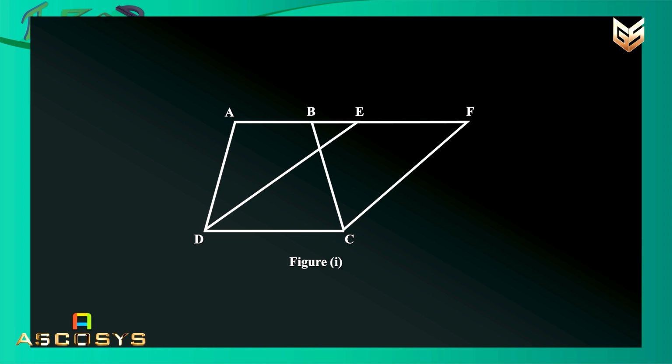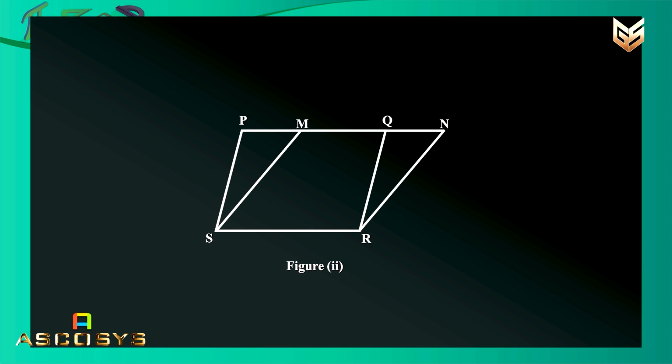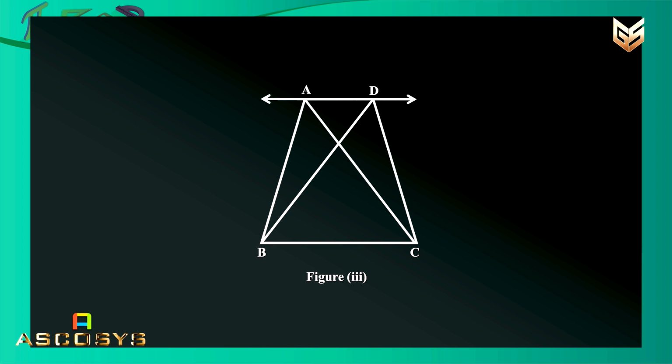We say that trapezium ABCD and parallelogram EFCD are on the same base DC and between the same parallels AF and DC. Similarly, parallelograms PQRS and MNRS are on the same base SR and between the same parallels PN and SR, as you can see in figure 2, as vertices P and Q of PQRS and vertices M and N of MNRS lie on a line PN parallel to the base SR. In the same way, triangles ABC and DBC lie on the same base BC and between the same parallels AD and BC, as you can see in figure 3.